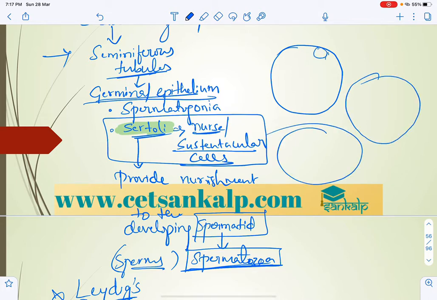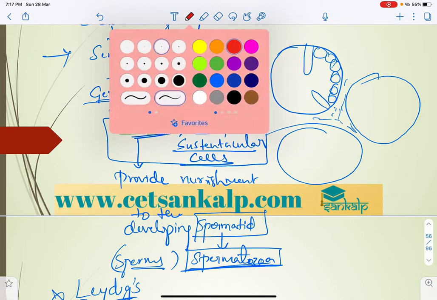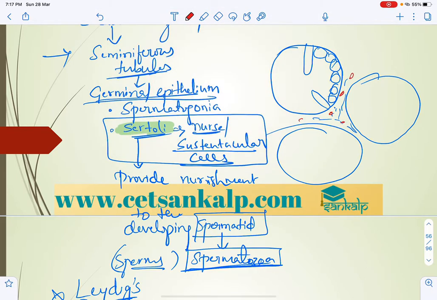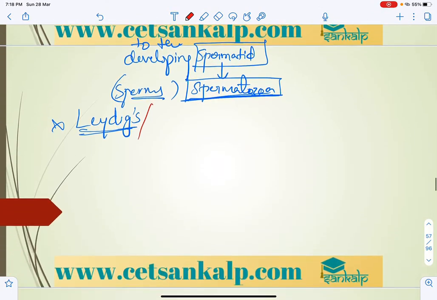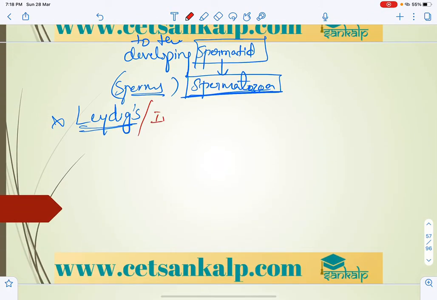Here we have the lining of the germinal epithelium and the Sertoli cells, whereas the blood vessels and the Leydig cells are present outside. Because Leydig cells are present in between the seminiferous tubules, they are called interstitial cells.